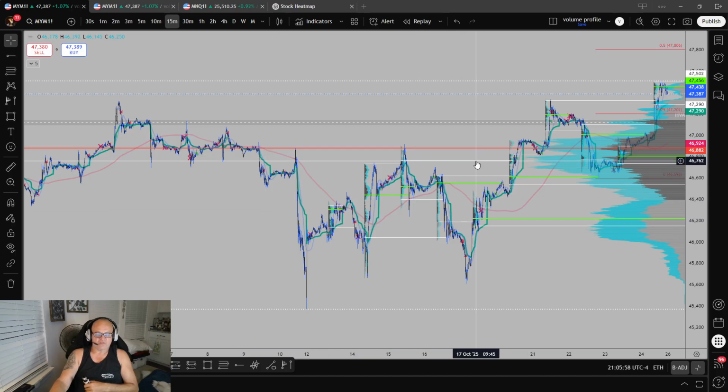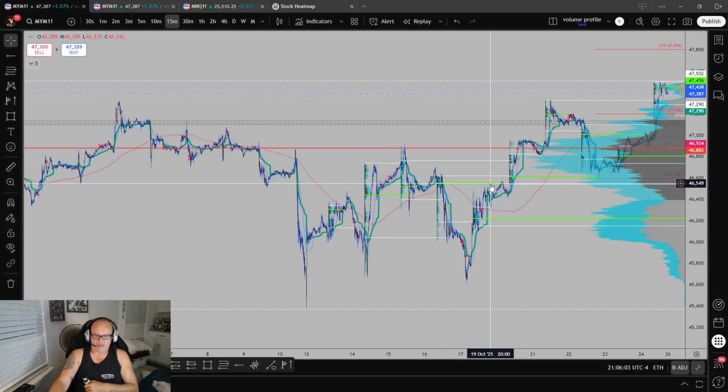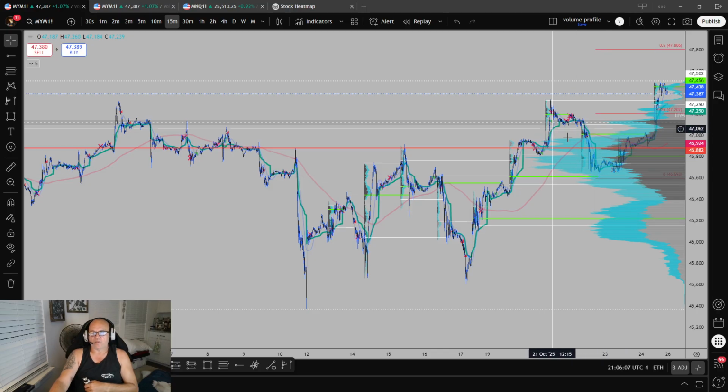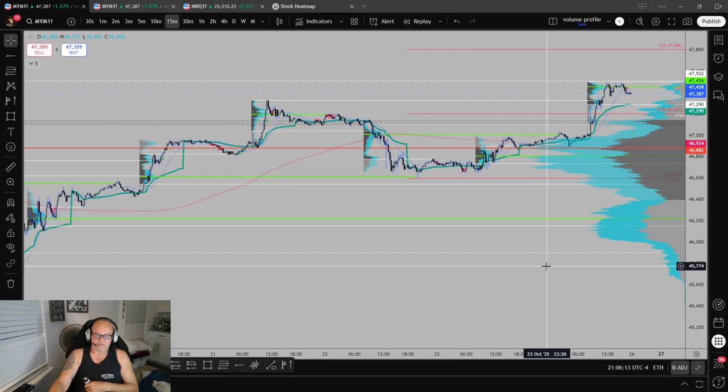Okay, so the session volume profiles, our value area highs and lows are the white lines, and our points of control are these neon greens. And we'll pay attention to those throughout the day, especially the previous days.